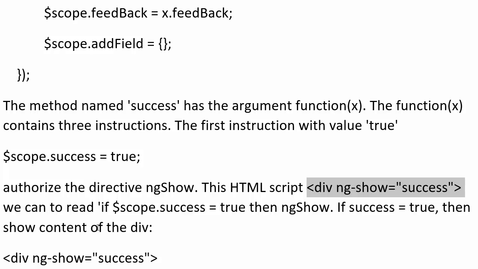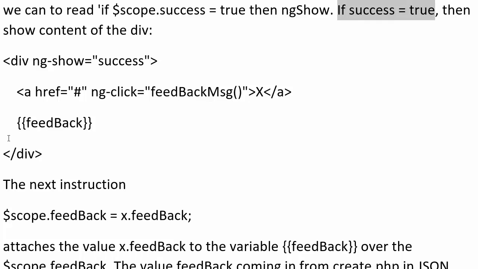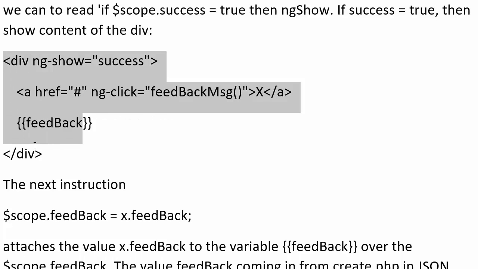We can read it: if $scope.success equals true, then ng-show. If success equals true, then show the content of the div. Show this content.